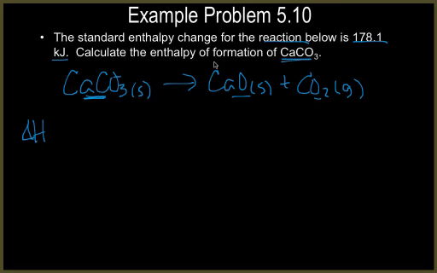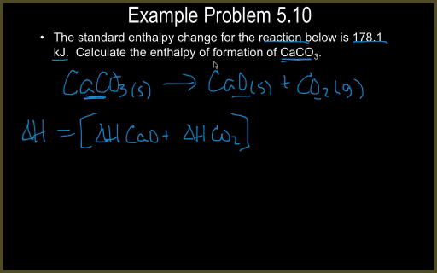So overall delta H equals the heat of formation of CaO plus heat of formation of CO2 minus the heat of formation of CaCO3. And these are all heats of formation here.